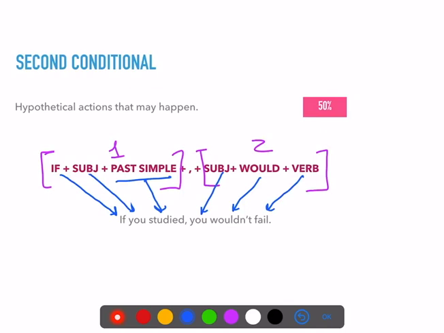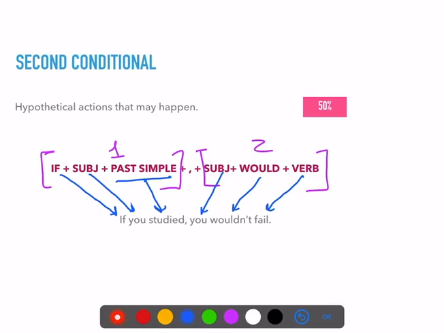What is the meaning of this sentence? The first one was, if you don't study, you will fail. It meant, if you don't study, okay? If you don't have the routine of studying, you will fail. And it is sure, 100%. But now it says, if you studied, you wouldn't fail. In Spanish, it means, si tú estudiases, no suspenderías. I don't know if you see the difference.